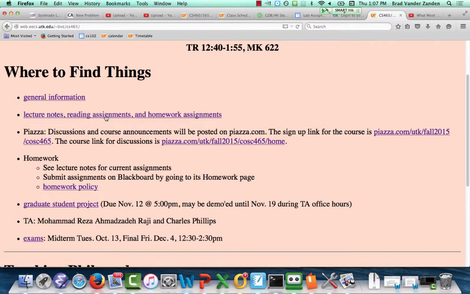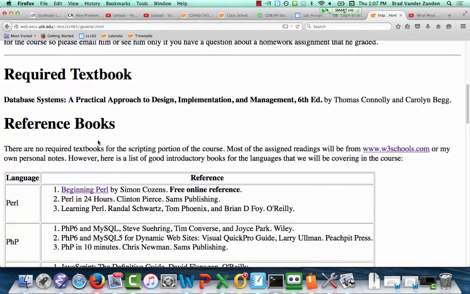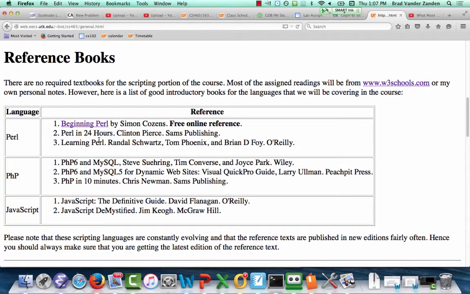You'll see that under general information, office hours, required textbook. The required textbooks for scripting languages, there are none. Basically, my notes plus there's a great site, w3schools.com, that pretty much covers it.